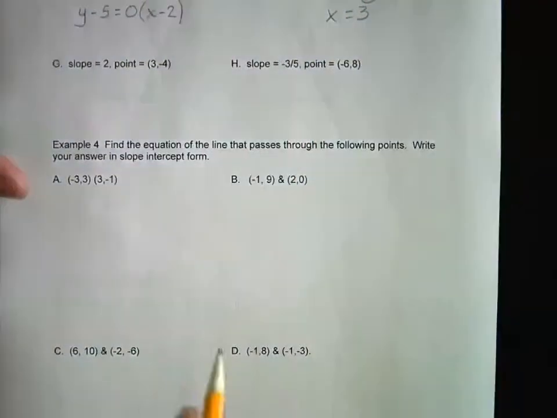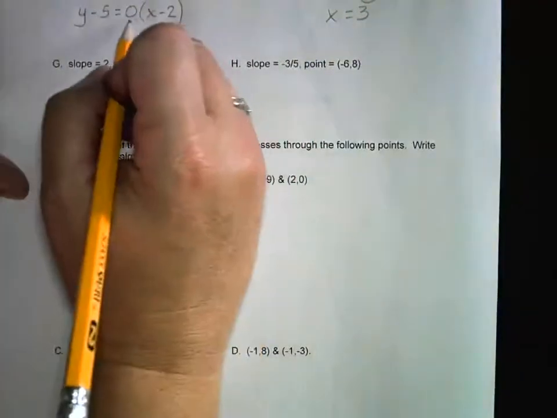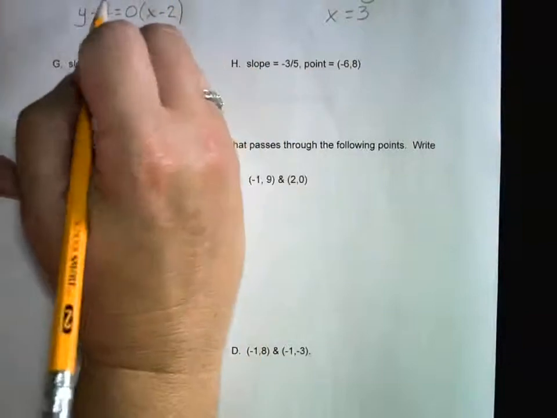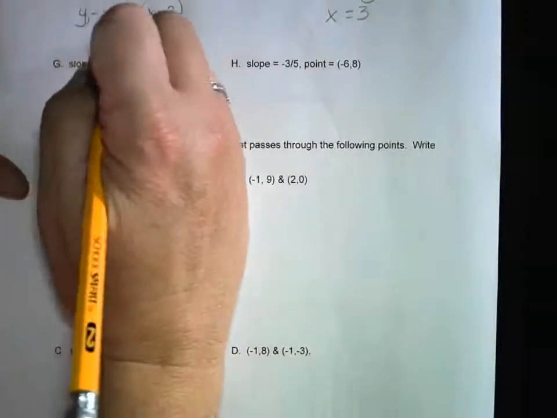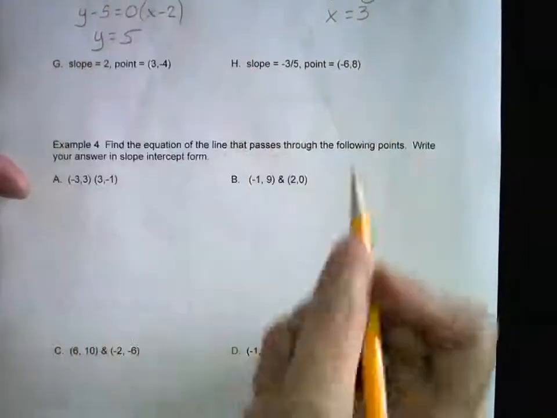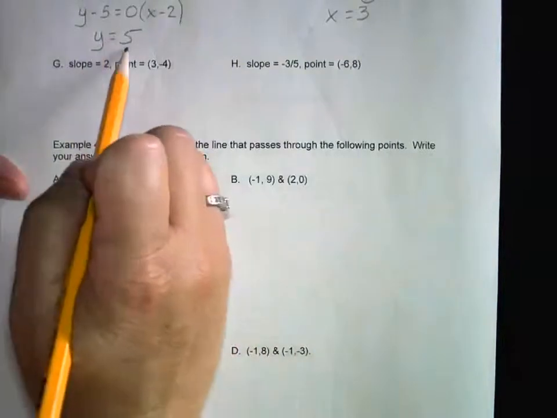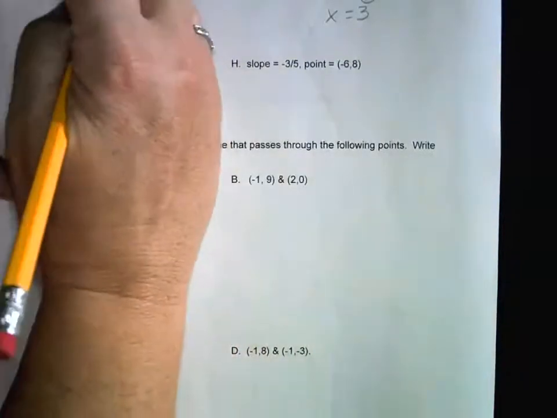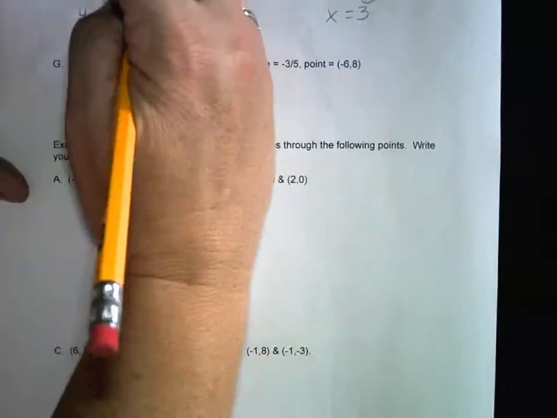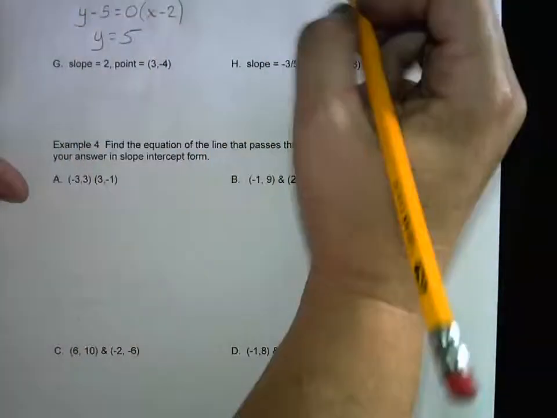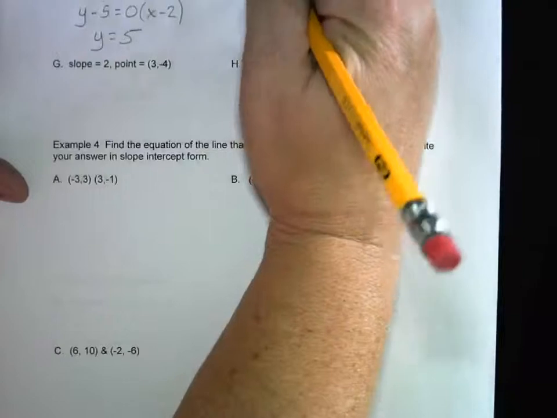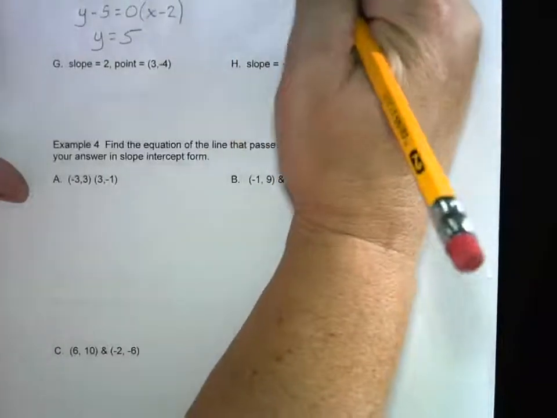And this one, if we simplified it out, since the slope is 0, the equation of a line with 0 slope is always y equals. So if the line is horizontal, it is always y equals, and if the line is vertical, it is always x equals.